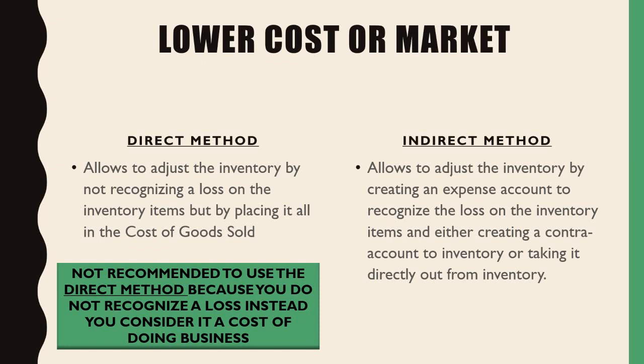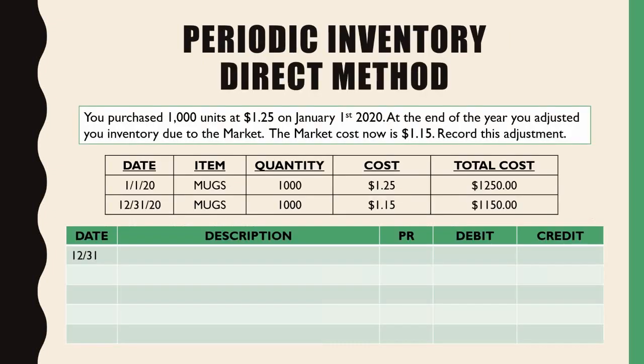So let's go ahead and take a look at direct write-off when you're using periodic inventory. So here is your example of inventory. Let's say you purchased 1,000 units at $1.25 on January 1st, 2020, and at the end of the year, you are going to make an adjustment.